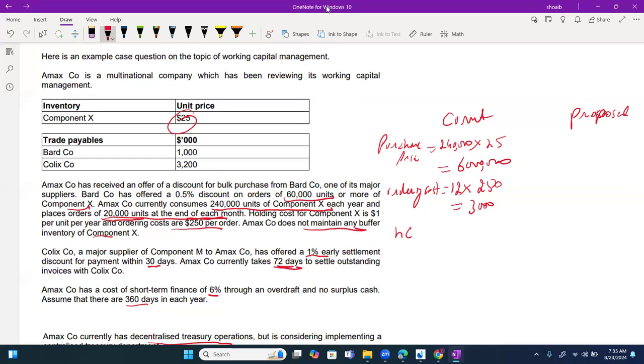Okay, holding cost. If you recall, holding cost formula is order quantity divided by 2 plus buffer stock. There is no buffer stock, into holding cost per unit, $1 per unit per year. 10,000. So total is 6 million and 13,000.